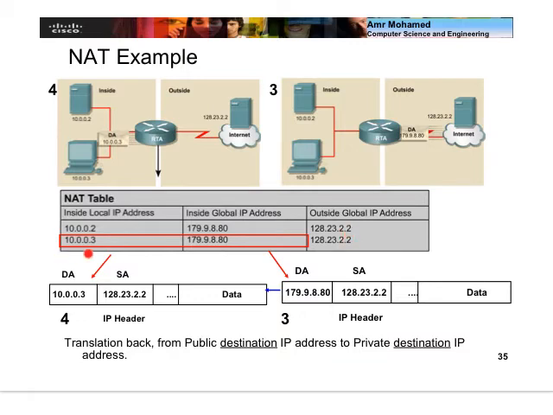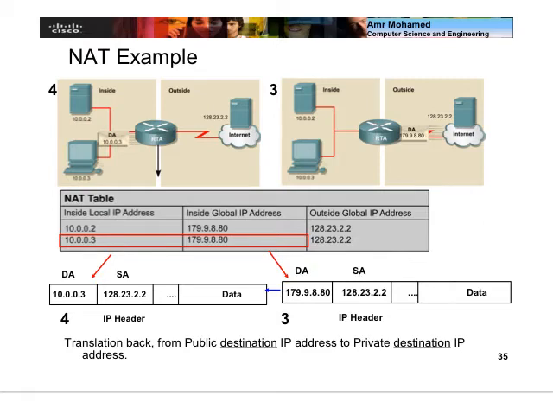And 10.0.0.3 will be replaced with the same thing. So you will end up with two packets like this. One, 10.0.0.3, will be replaced by this, and the other one will be replaced by the same IP address with the same remote, and then the two packets will go out.